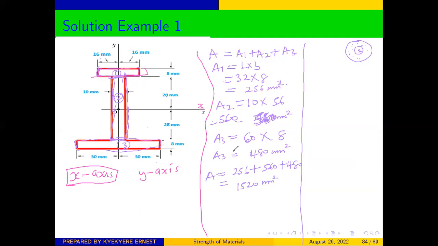Then, once you are done with that, we can determine our moment of inertia. The total moment of inertia with respect to the x-axis, the total moment of inertia of area, not moment of inertia alone.